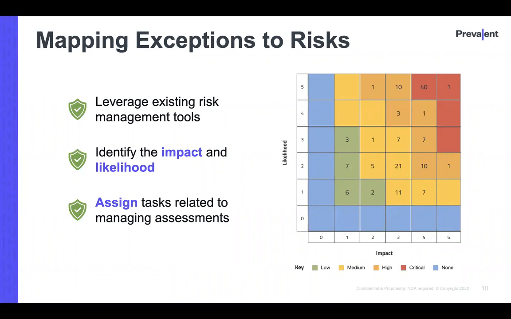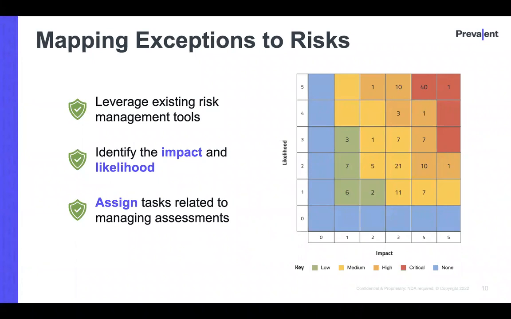If we have a process that follows best practices, such as ISO 31000 or the NIST risk management framework, we may already have a clear structure in how we identify an impact score and a likelihood score and give an overall risk rating. Or we use a traffic light system to indicate the criticality.